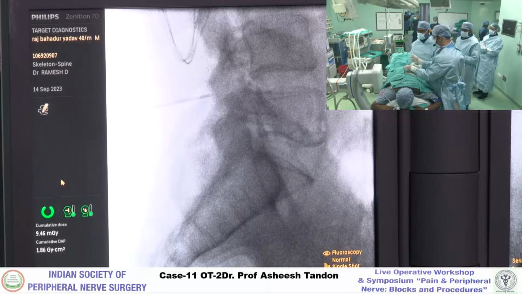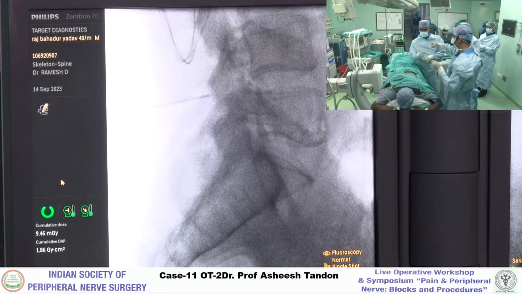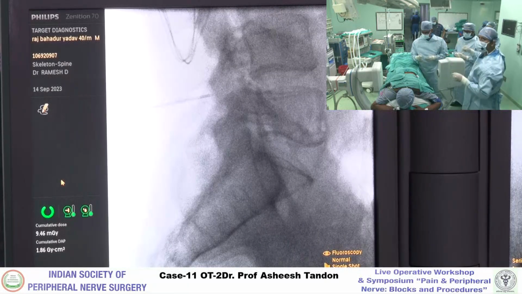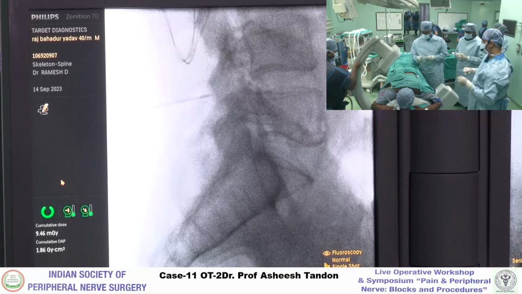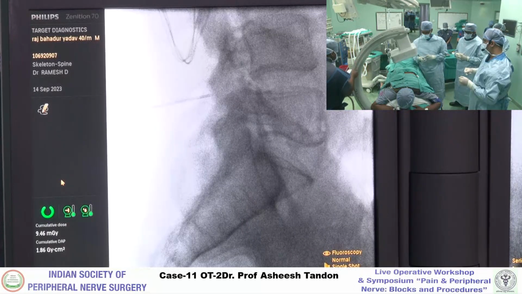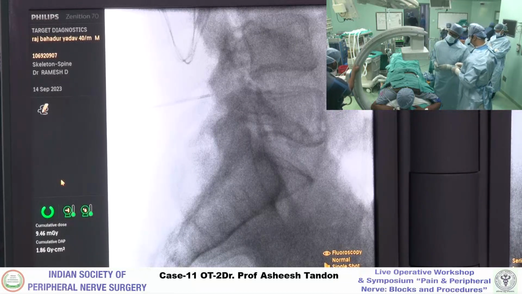So we are right there. अब एक बार AP कर लो. We may be on either side, touching the lamina. AP में फिर से एंगल कर लीजिएगा थोड़ा सा. स्टिलेट देंगे प्लीज.